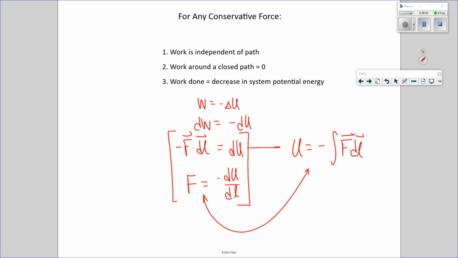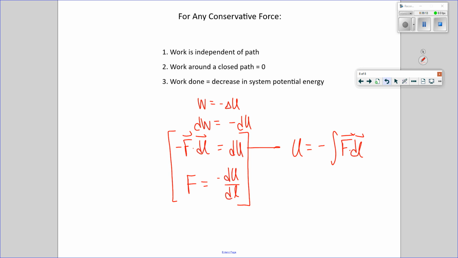Like if you know the force and you want the u, here's how you do it. Wait a minute. Yeah, if you want the u and you have the force, this is what you do. If you want the force and you have the u, this is what you do. Don't you hate when I put all these arrows everywhere? All right. Okay, so that's definitional stuff about conservative forces.